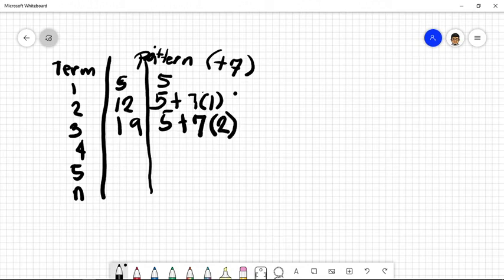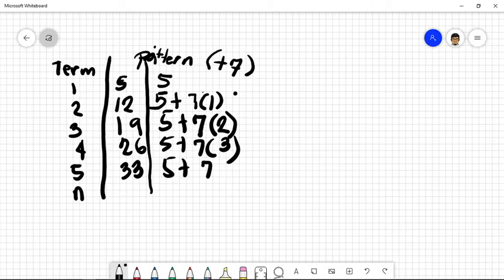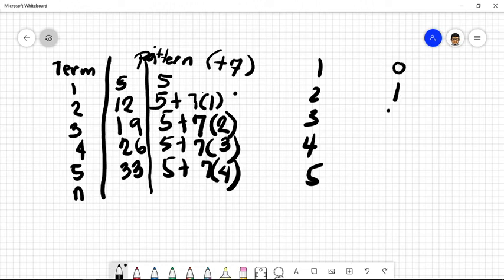Dalawa. Ito ay 26. Ito ay 3. Tapos ito ay 33. Ito ay 4 na 7. Observe natin. Ang terms mo, 1, 2, 3, 4, 5. Ang 7 na ginamit mo ay 0, 1, 2, 3, 4.